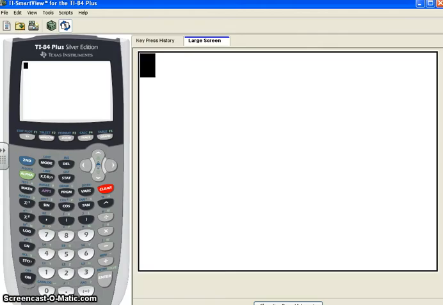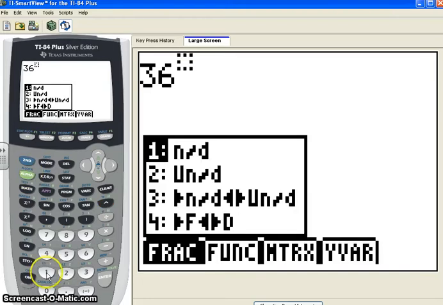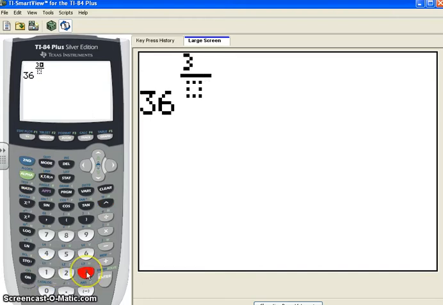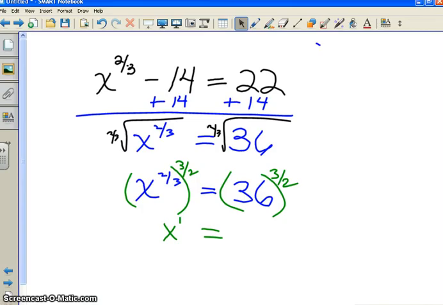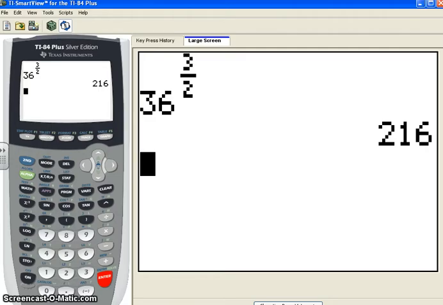Grab your calculator and let's make sure that these methods give us the same answer. So we're going to do 36 to the 3/2 power, which is 216, and then my other option was to do the 2/3 root of 36.